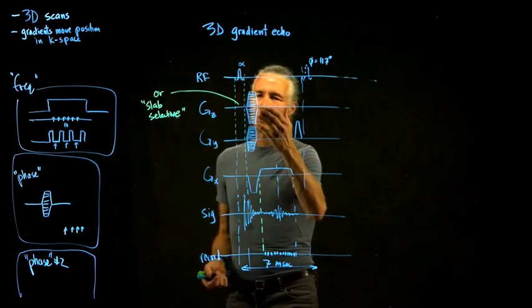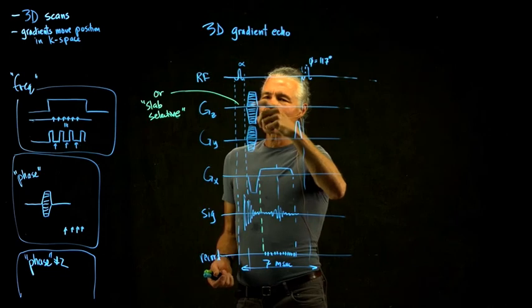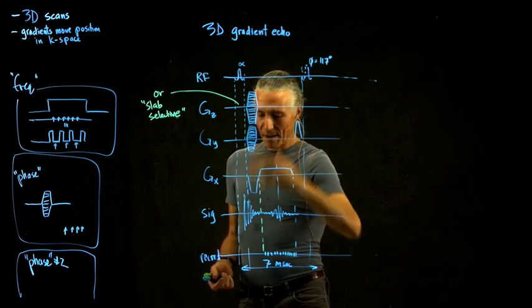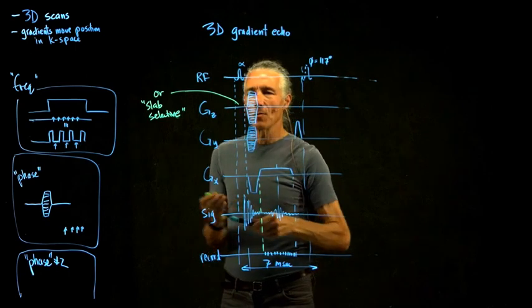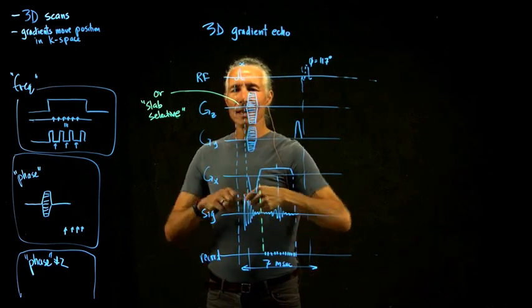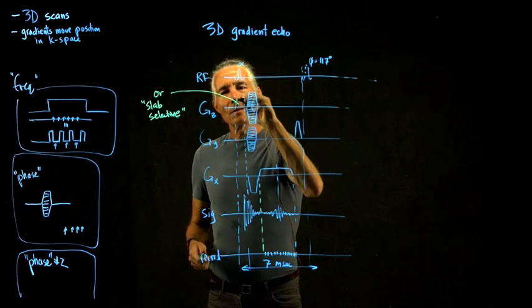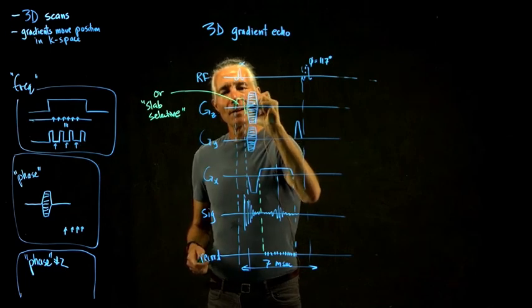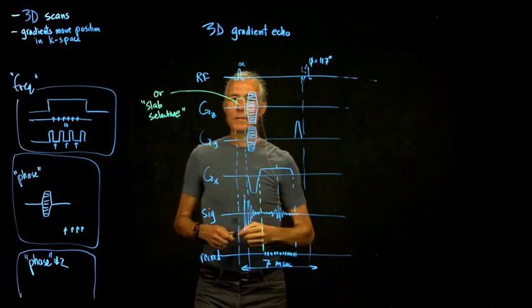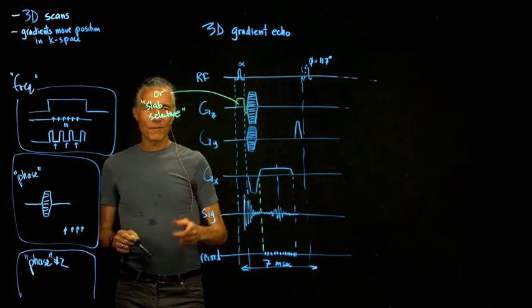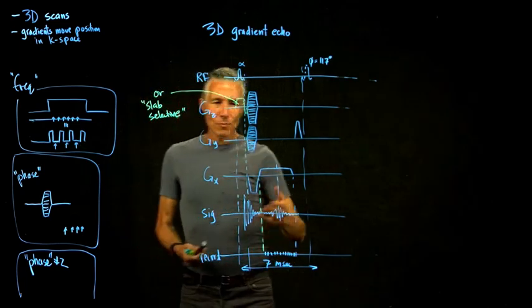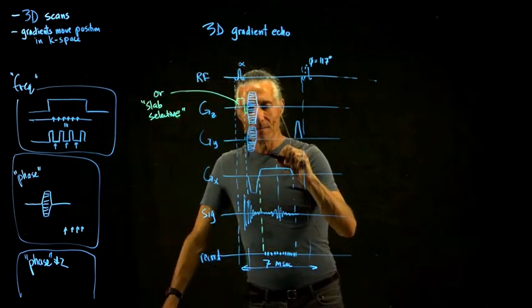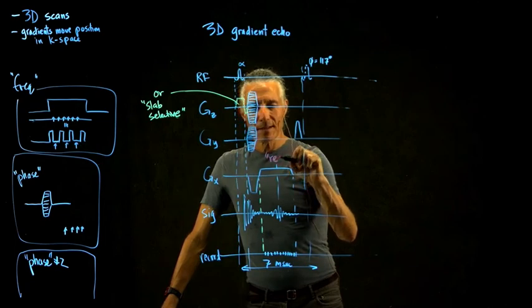All you did was you just basically turned on another set of gradients. Now, if you wanted a slab select in there, then you could stick another slab select with a little slab select fixer in there before you did the second phase encode. And if you ever read any of the literature, this is an important point.